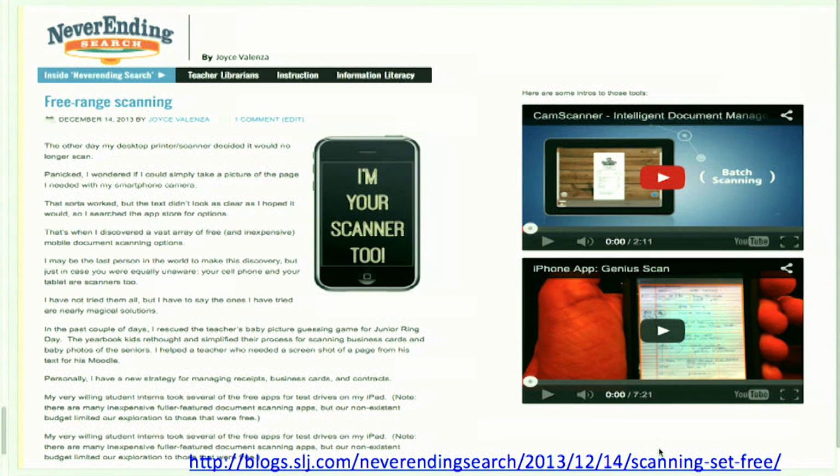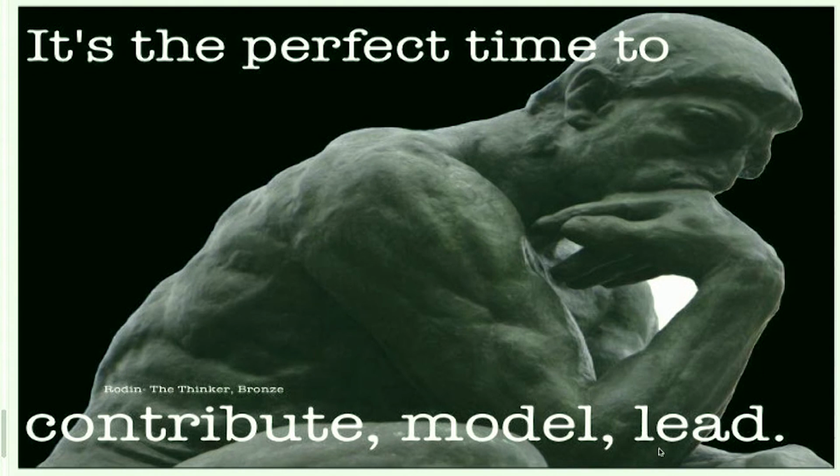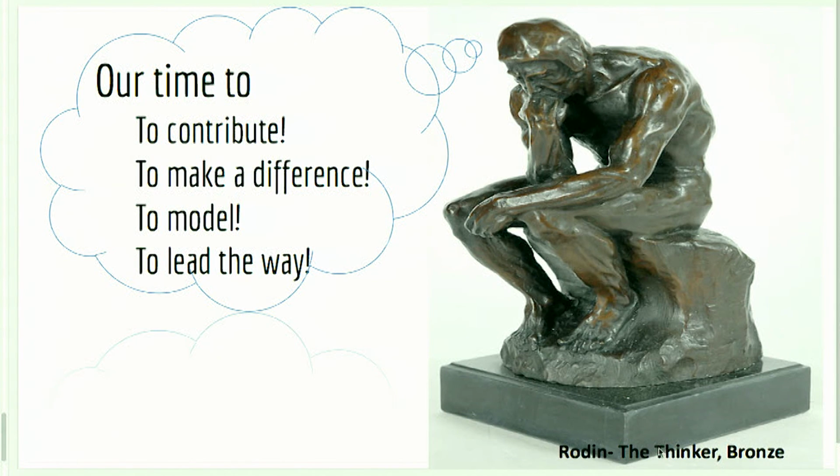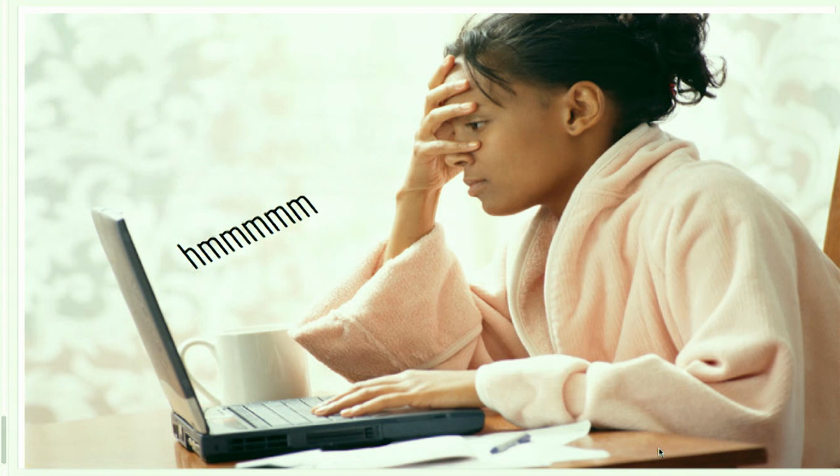So what I would do is assign a weekly photographer or scanner of the stuff that's going on, give them the Flickr account or whatever it is that you're saving to, and make them the archivist. So I would argue that it is the perfect time to contribute, model, and lead through curation. You can make a difference through curation.